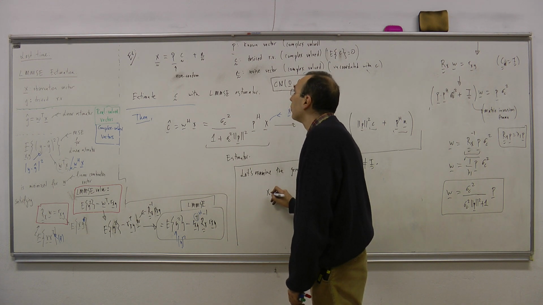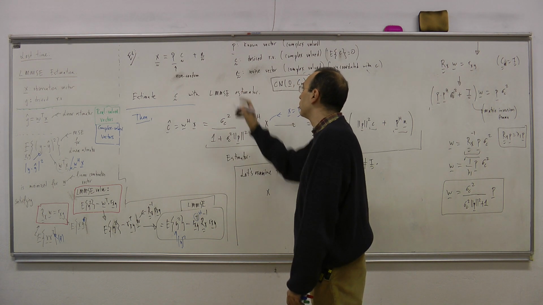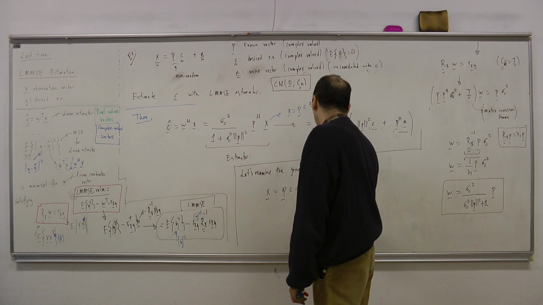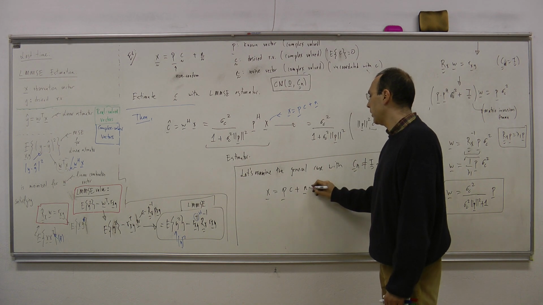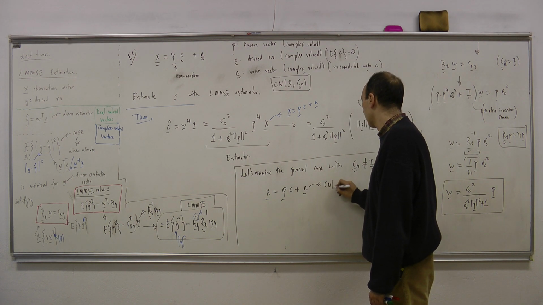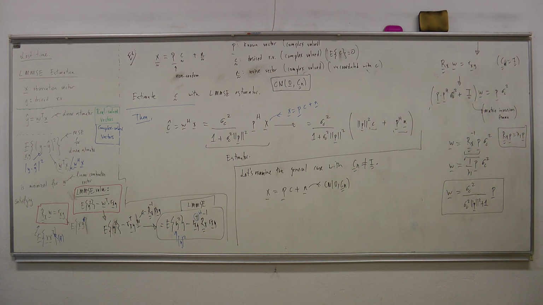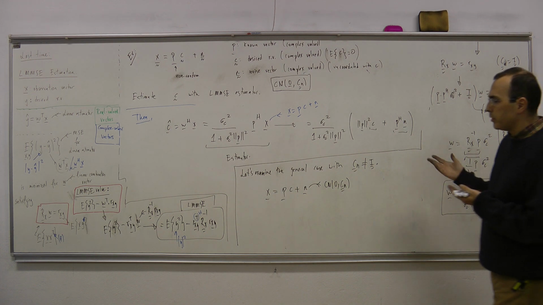Well, my x of this observation model is P, C, and N. But this one is... okay. So what should I do? Well, again, I can derive this.